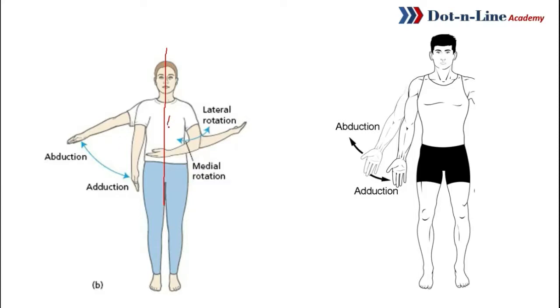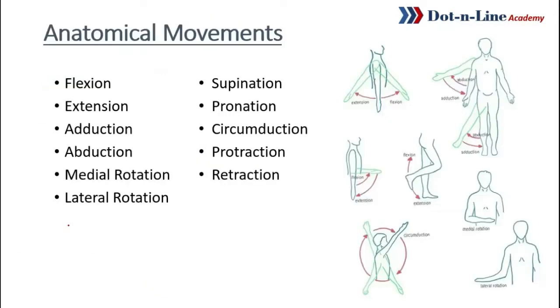For example, heart and shoulder. The heart is near the midline, medial. The shoulder is away from the midline, that means lateral. Another example, eye and ear. The eye is near the midline, medial. The ear is lateral. Okay, you got the point, right?